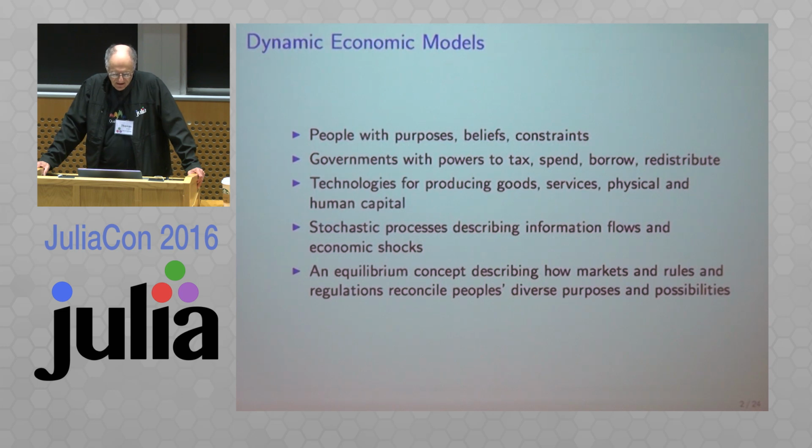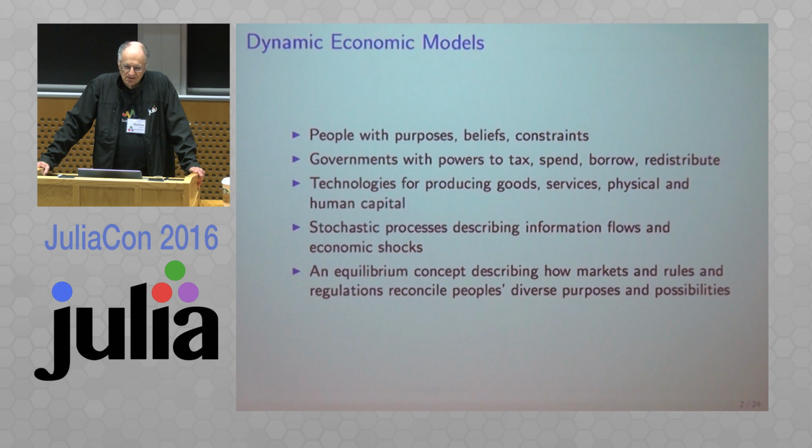Then there's going to be technologies. Those are methods for producing goods, services, and physical and human capital, for transforming one kind of object into another. That's what a technology is for us. So every time I say an object, it's going to be a function or a sequence.